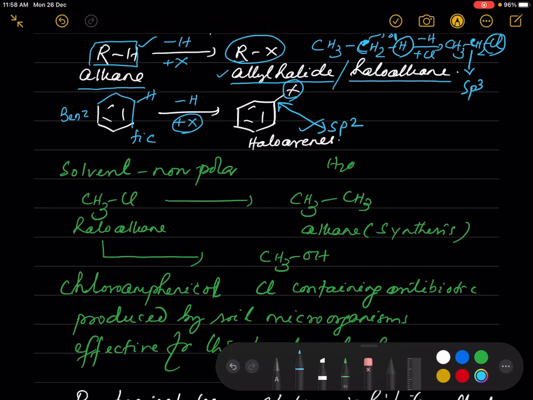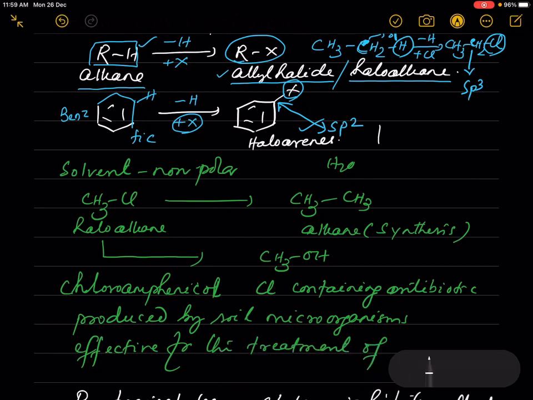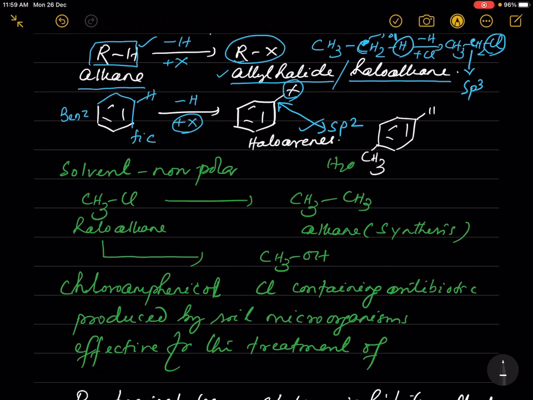You can take another example. Suppose this is toluene and you replace this hydrogen atom by a chlorine atom, you will get an aryl halide.